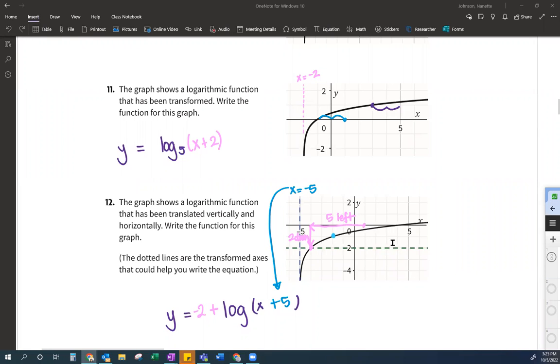And as I shift it this way, undoing these, it'll show me where I was before. So if I go 5 not to the left but 5 to the right, I end up over here, and then 2 up would end me up right there. That's exactly what I would want. I want to know where it crashes into that 1.